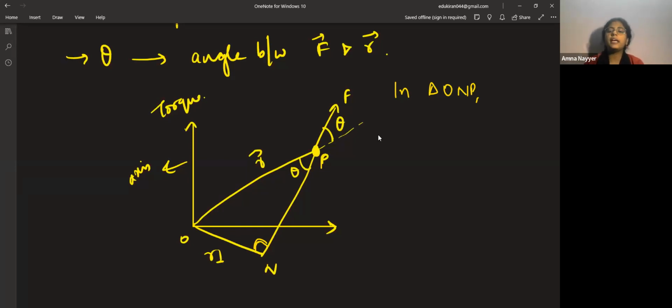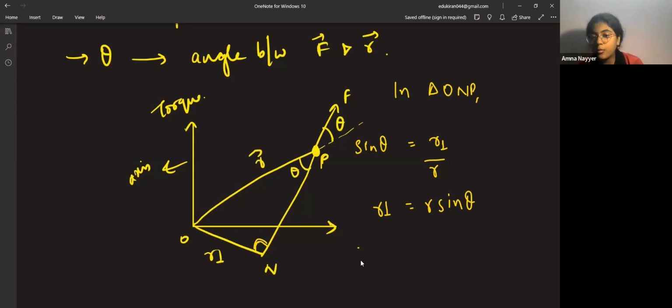Now, in this triangle ONP, sine theta is perpendicular by hypotenuse. Perpendicular is R perpendicular, hypotenuse is R. So what is R perpendicular? R perpendicular is R sine theta.